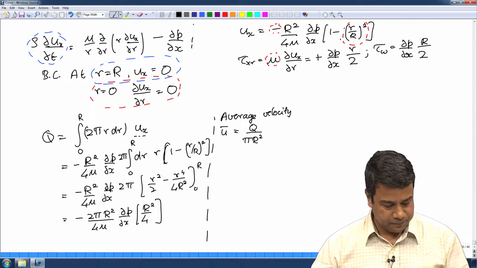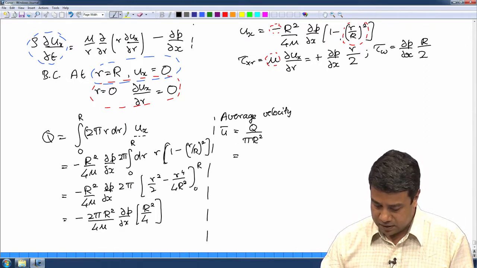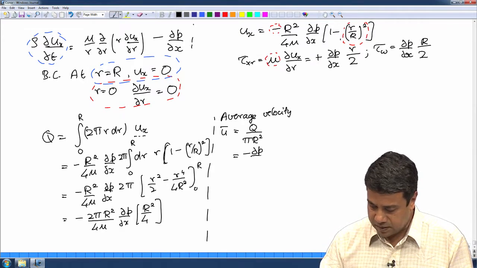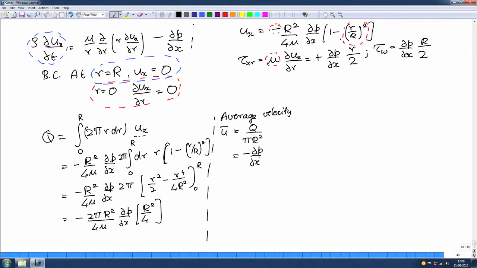So, if I do that, the pi's will cancel out and I will get minus partial p by partial x into R squared by 8 mu, because one factor of R squared cancels out with the denominator.